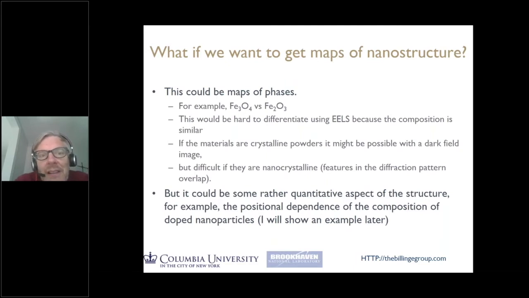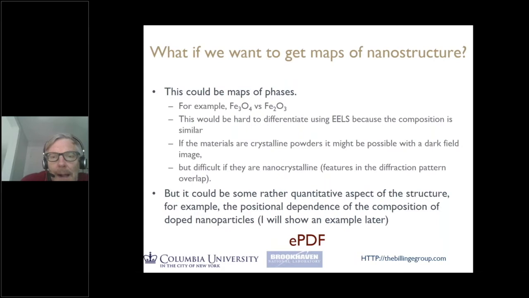And you could then plot the position of the nanoparticles as a function of the lattice parameter, and you would see some gradient in the tin content as a function of position. So the point being that if you can actually extract a structure from your sample and you can do modeling on that structure, you can get all kinds of different contrast mechanisms to answer many, many different scientific questions.